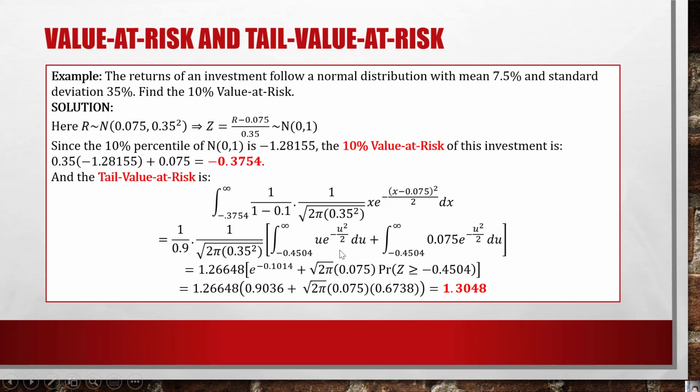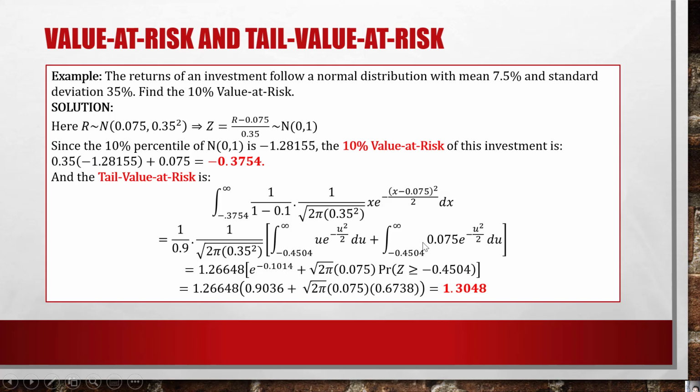Okay. Now we evaluate these two integrations. The first one, we should get negative e to the negative u squared over 2, going from negative 0.4504 to infinity, and we get e to the negative 0.1014 as the value of the first integral.